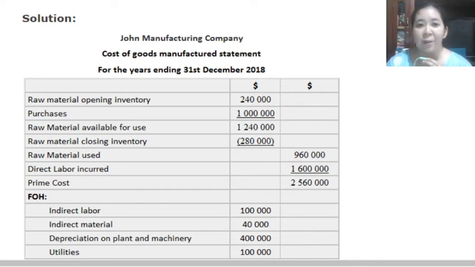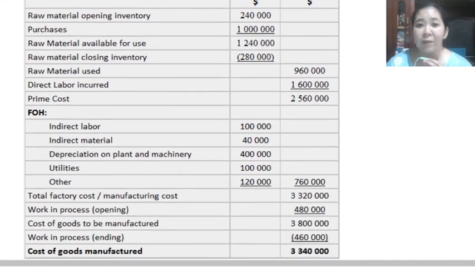So raw materials beginning inventory plus our purchases, that is the raw materials available: 1,240,000. Then we deduct from there the ending balance of our raw materials, which is 280,000. Therefore, the amount of raw materials used during production is 960,000. We add the direct labor cost of 1.6 million, so your prime cost is 2,560,000.